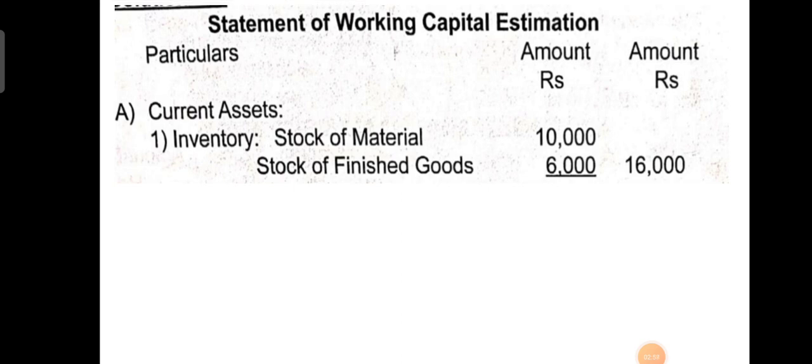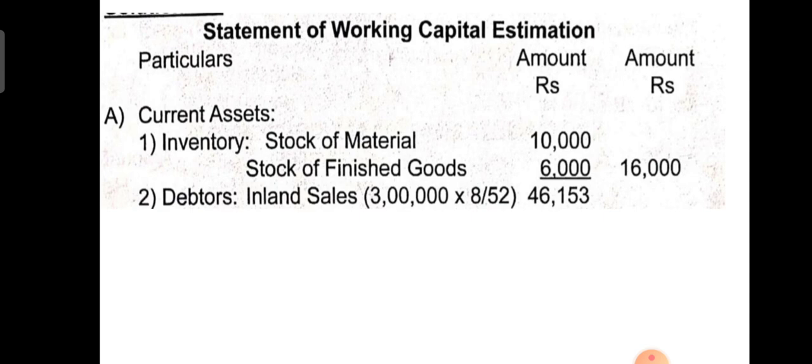Inventory includes material and finished goods. So you write the full amount, because it is not given for how many months materials and finished goods are in stores. So the entire amount of stock is used for financing working capital. Total stock is 16,000.